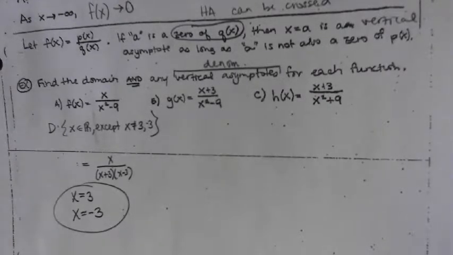So this function actually has 2 vertical asymptotes, which again, I don't know if you've ever really studied anything like this. I'm thinking not. Here we go.